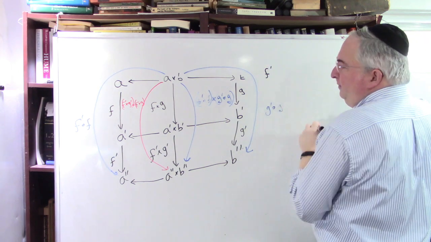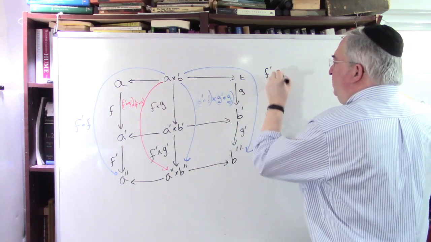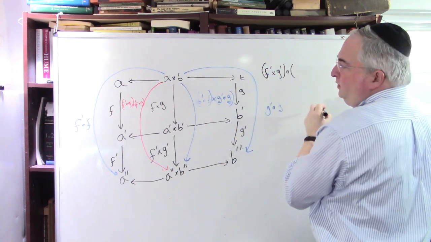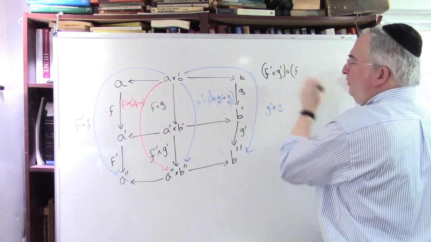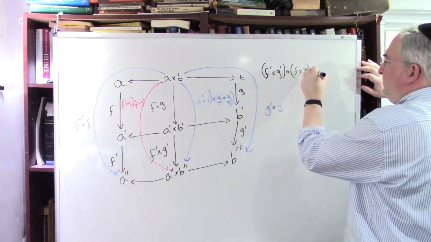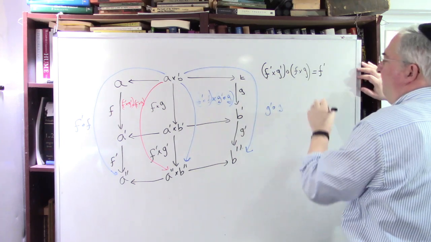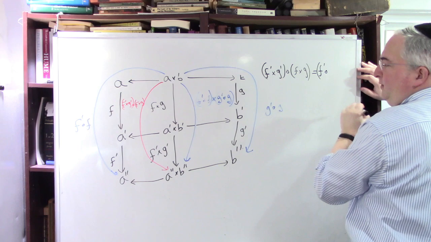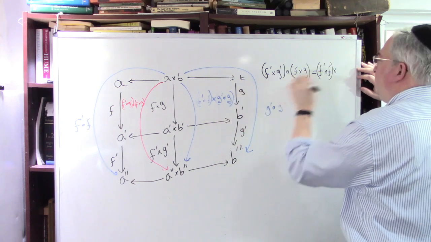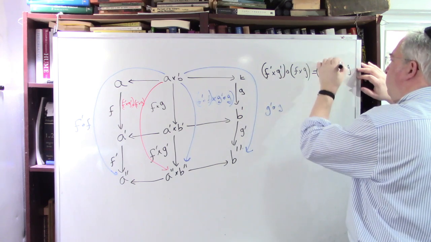F prime cross G prime composed with F cross G is equal to F prime composed F cross G prime composed G.